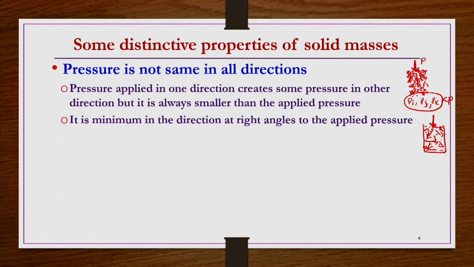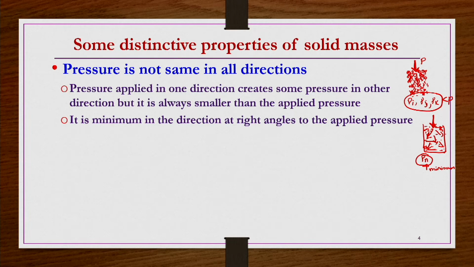Let us say in the normal direction the pressure is Pn. Pn is very much smaller than the applied pressure, and this Pn is in general minimum, but it is not negligible. This is the pressure that is distributed or created at right angles to the applied pressure.